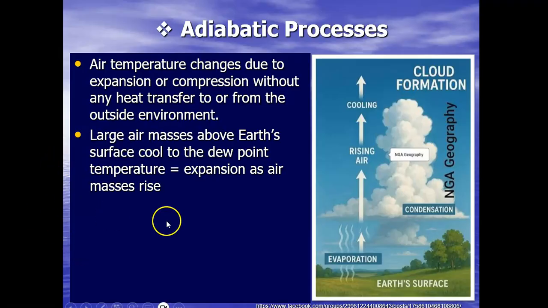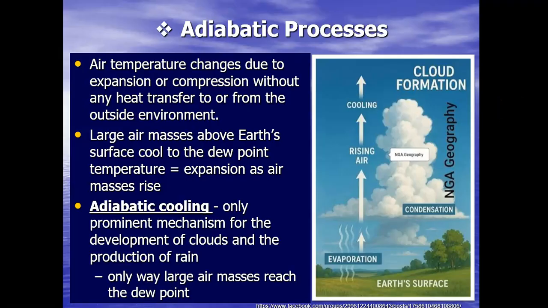What happens in the adiabatic processes? Large air masses above the surface cool to the dew point temperature, and that causes the air to expand as those masses rise. For the purposes of precipitation, we're very interested in adiabatic cooling, as it's the only prominent mechanism for cloud development and rain production.